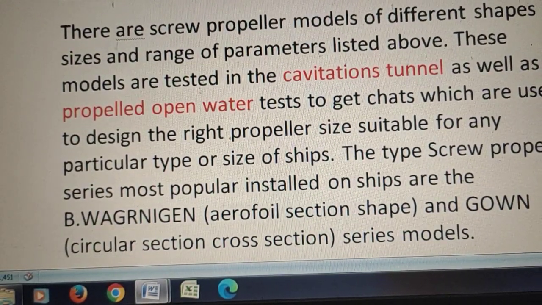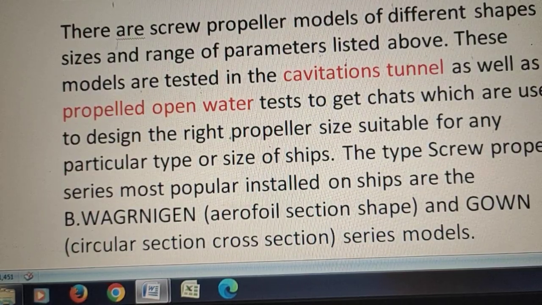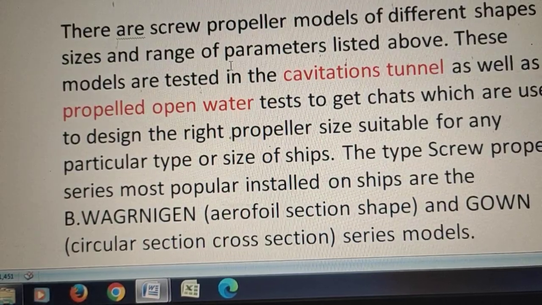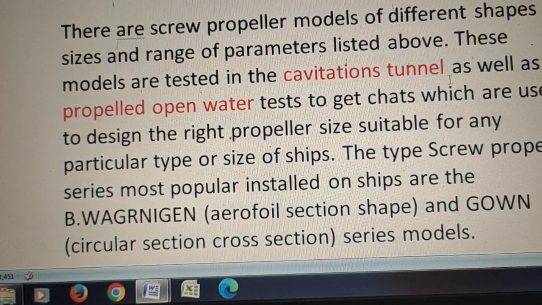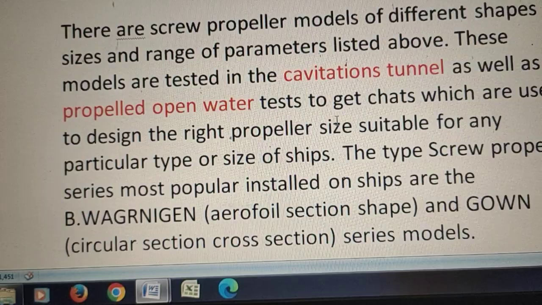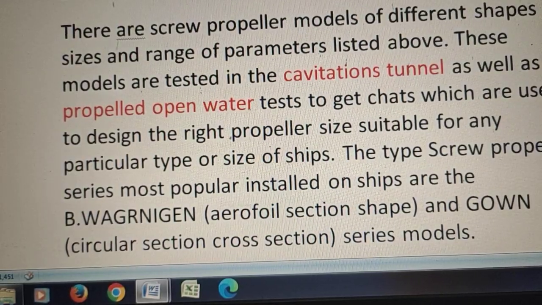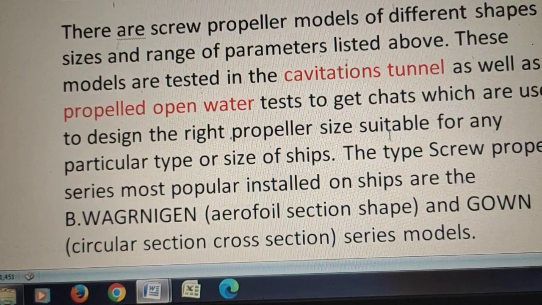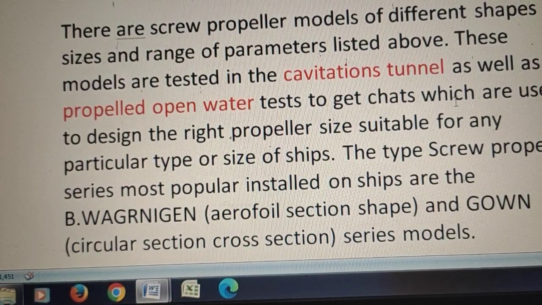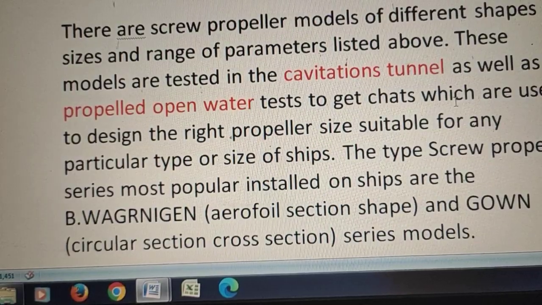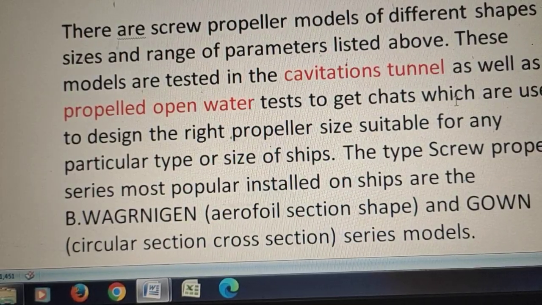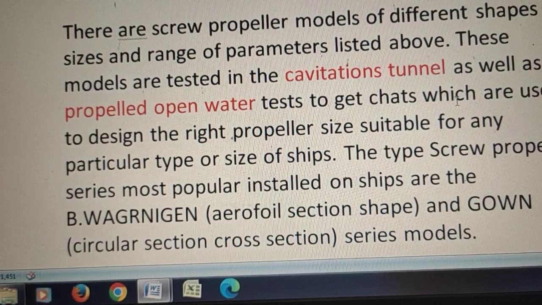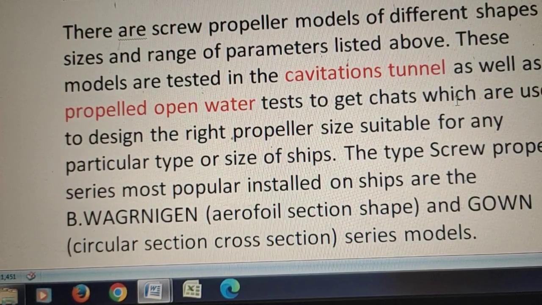So there are screw propeller models of different shapes and sizes and ranges of parameters listed above. These models are tested in the cavitation tunnel, as well as self-propelled open water tests, to get charts. Just like we make models of ships and then use hydrodynamic theory to compare between the model resistance and the actual ship resistance, the same thing is done with the propeller.